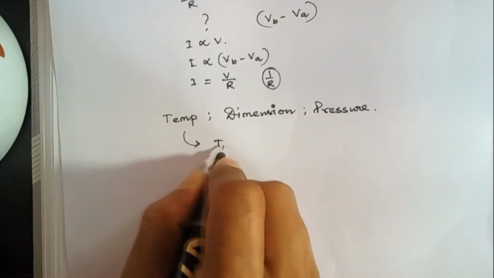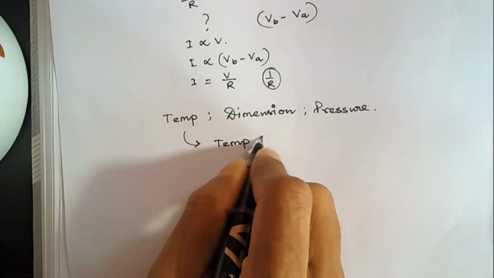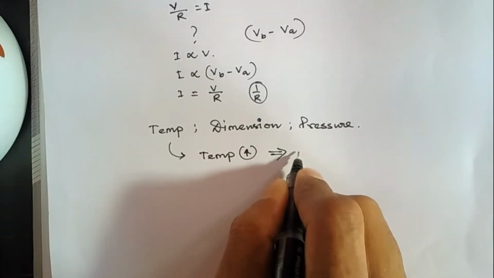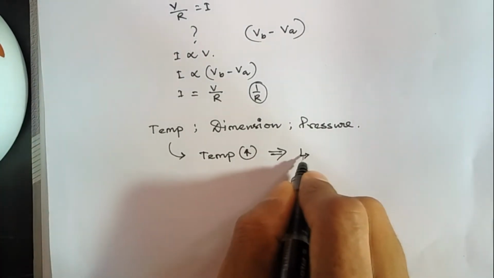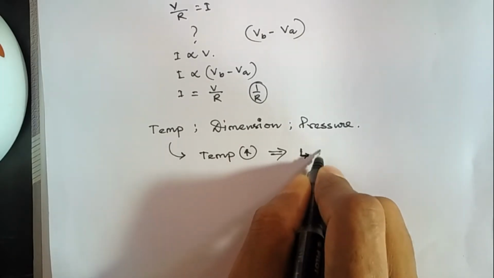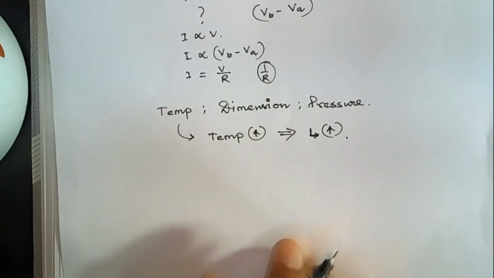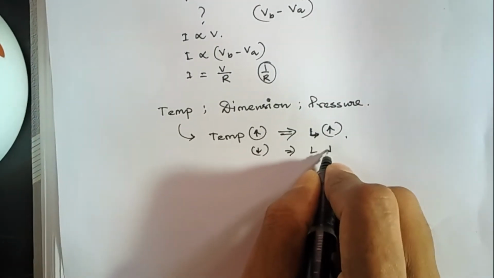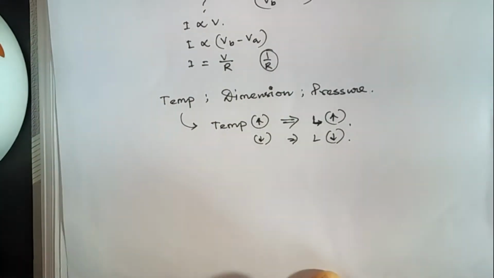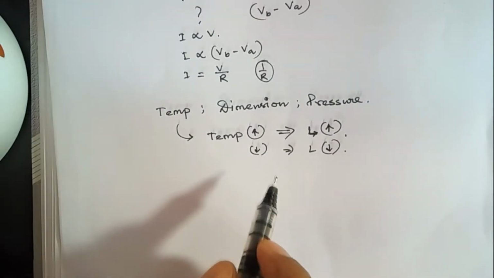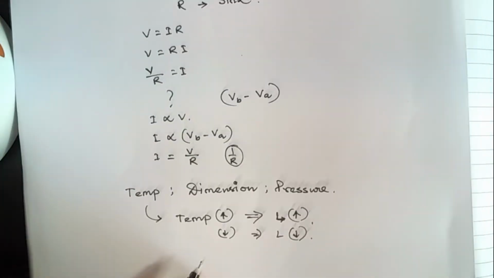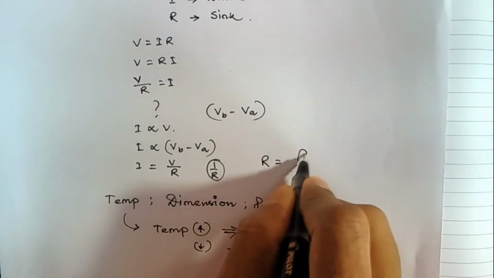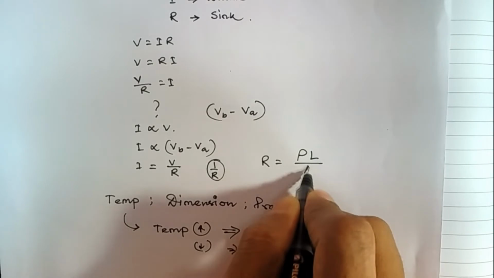If temperature increases, then the length will also increase. If it decreases, the length will also decrease. And here comes a very important formula: R equals rho L by A.